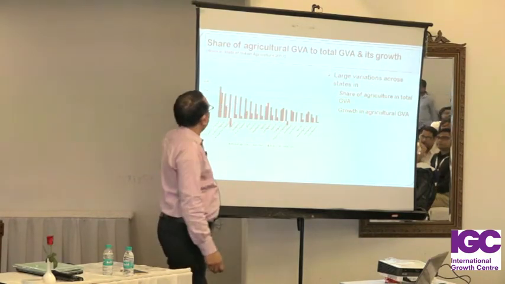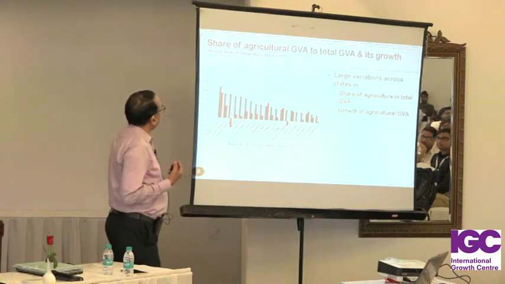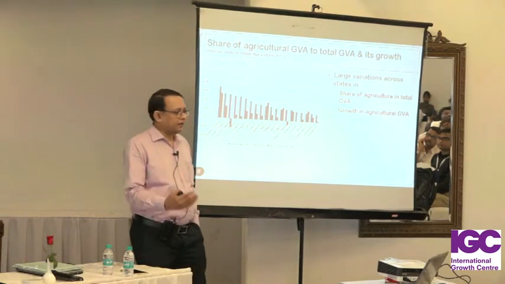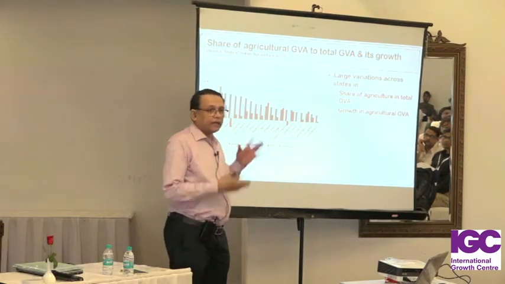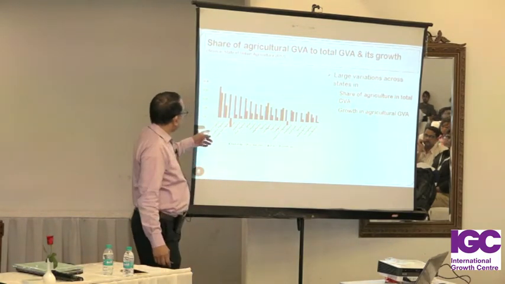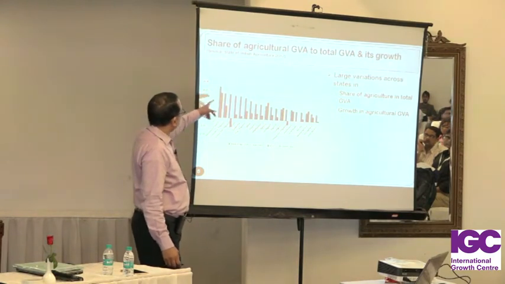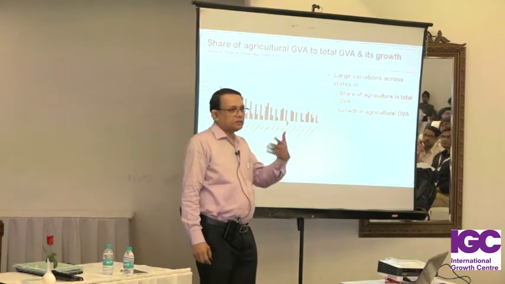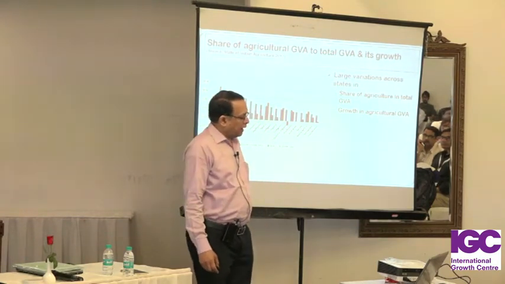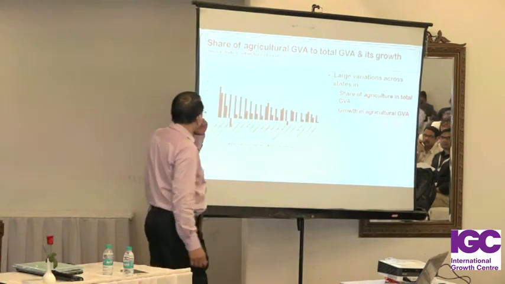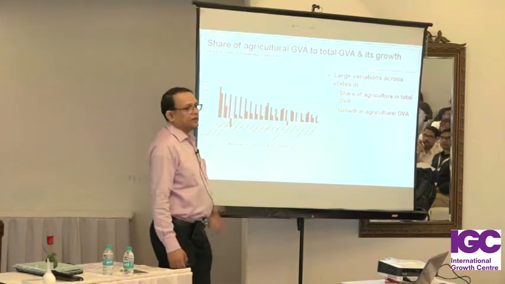Okay, as I said, you will find it in different metrics, and you can also see this in terms of the share of agricultural gross value added in the total. Again, at one end you have Madhya Pradesh, with about 35% of its GSDP coming from agriculture, whereas in a state like Karnataka or Uttarakhand it is less than 10%.